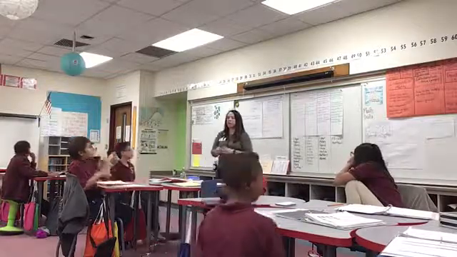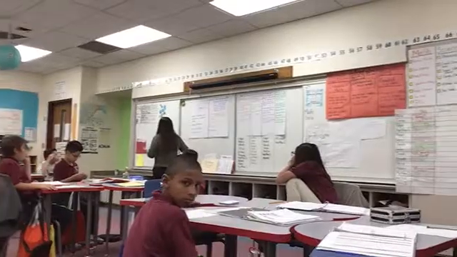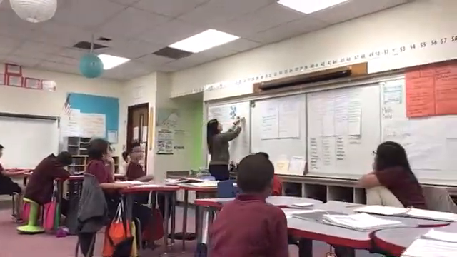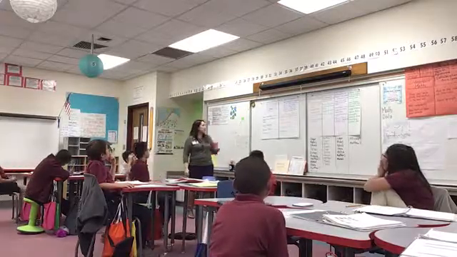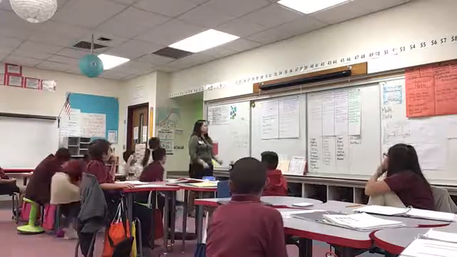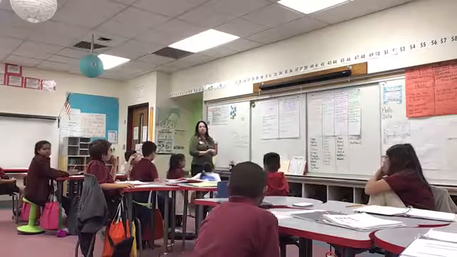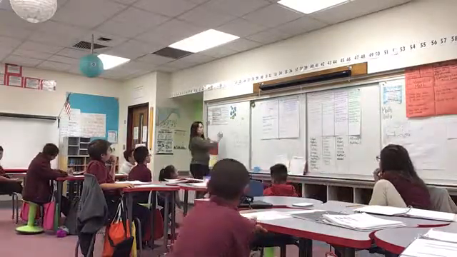Let me give you an example, boys and girls, because some of you are not understanding. Let's say I have this one: 42 hundredths, and then 8 hundredths times 6. What is my product of 8 hundredths times 6? I'm going to solve that.